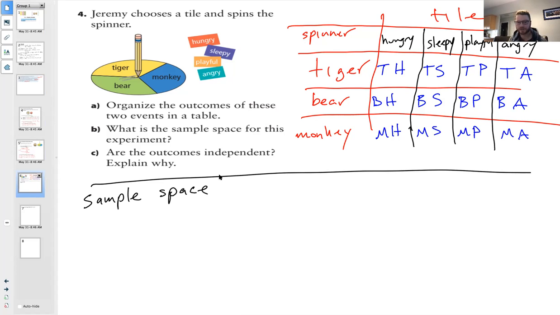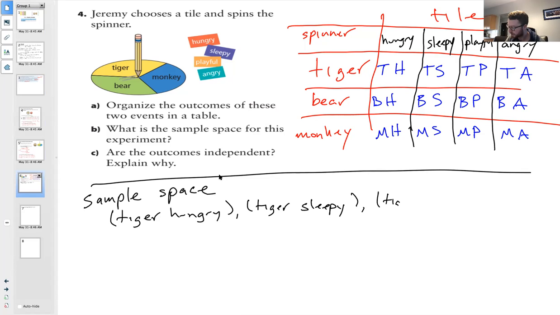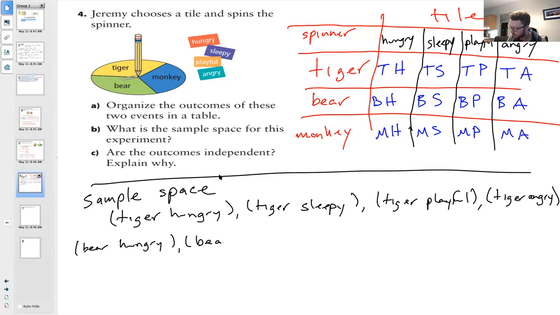Okay, so our sample space here, we could have a tiger that is hungry. Sleepy tiger. Playful tiger. Angry tiger. Okay, now we'll do the same thing for bear. Bear hungry. Bear sleepy.